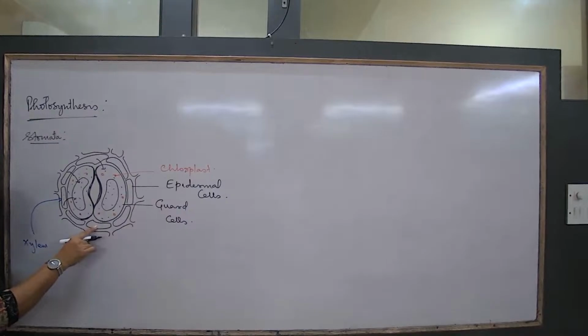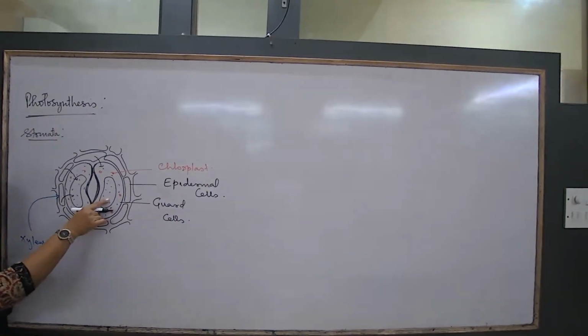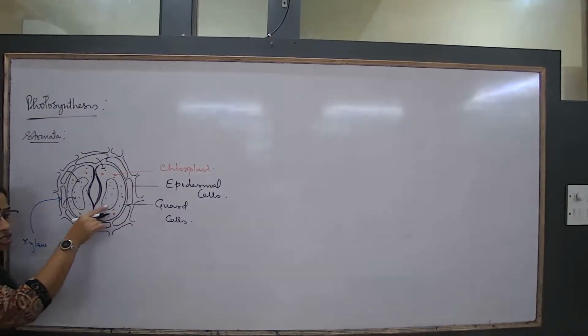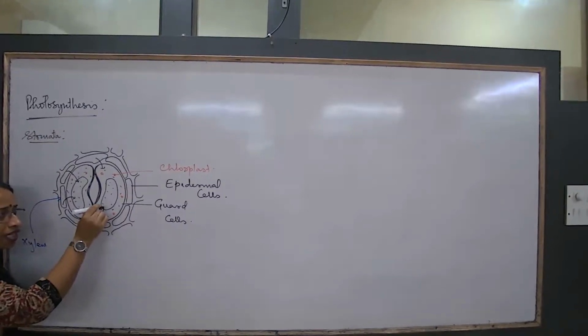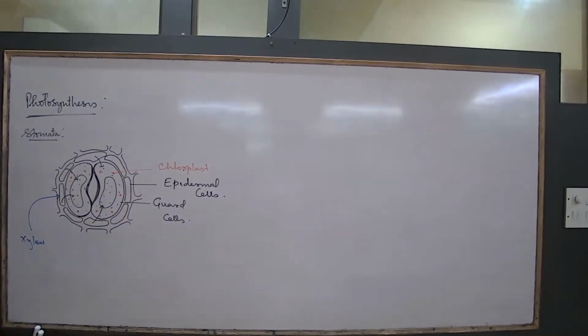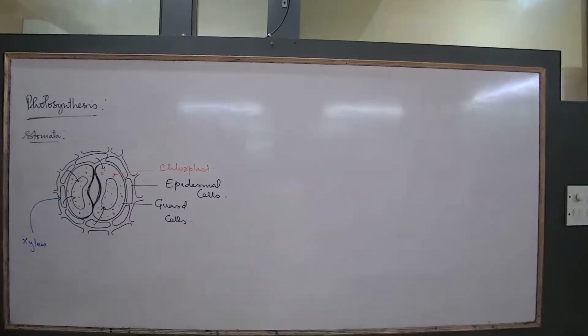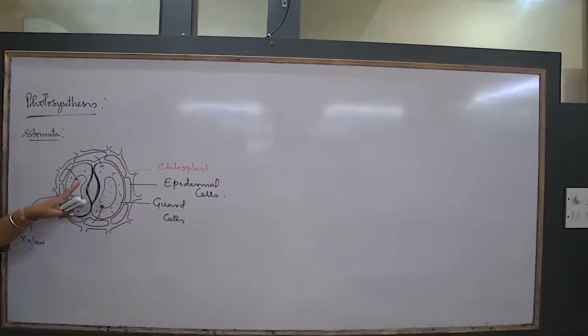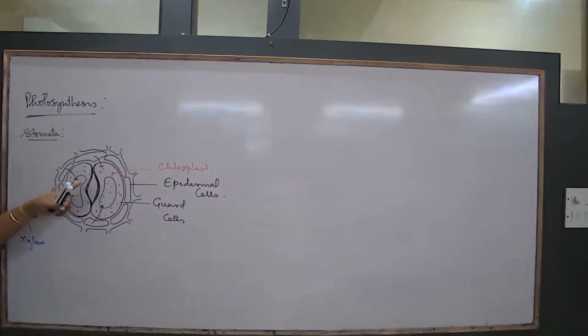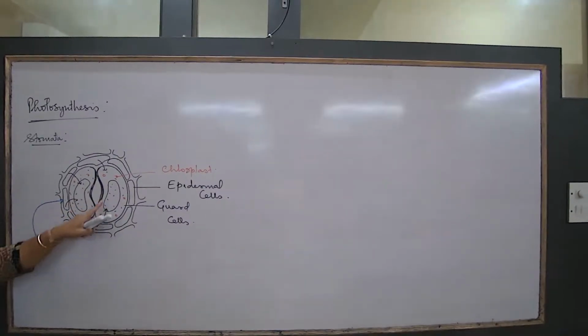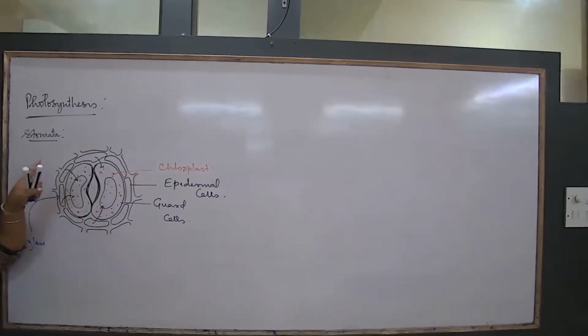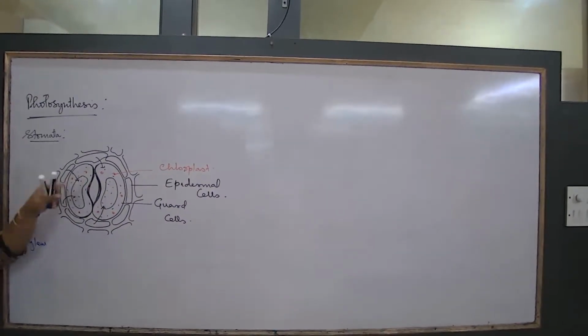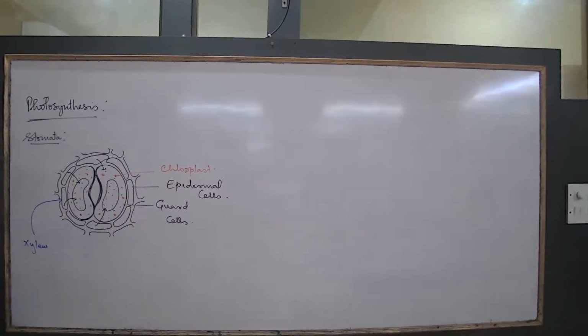Here water is less, here water is more. What will be the direction of the water movement? From here to here. So the guard cell is constantly absorbing water. Endosmosis is happening. During the daytime, as long as the intensity of sunlight is good, this process will continue. Photosynthesis will happen, glucose will be made, the cell will get concentrated, and this movement of water will continue. Endosmosis will continue. Guard cells will become tight, filled with water.